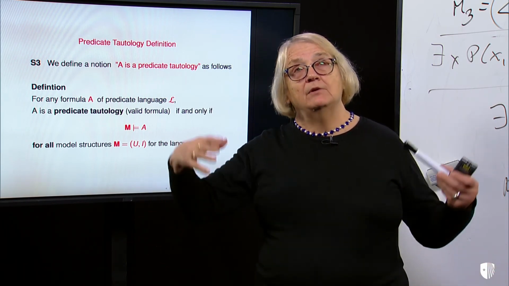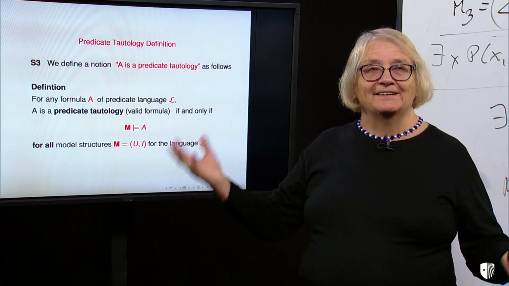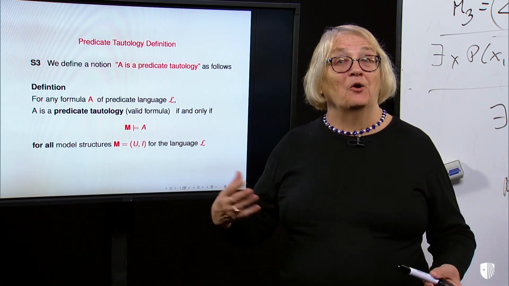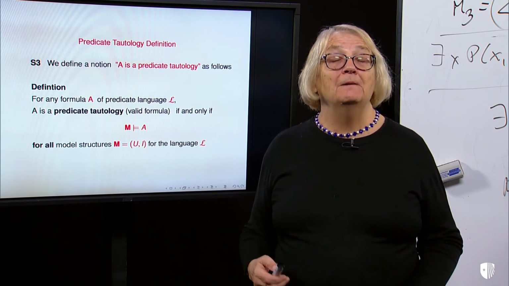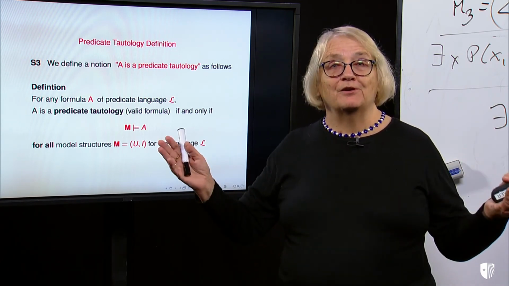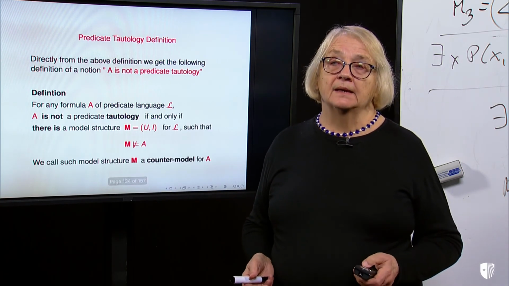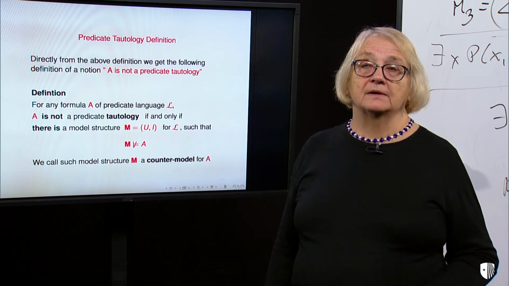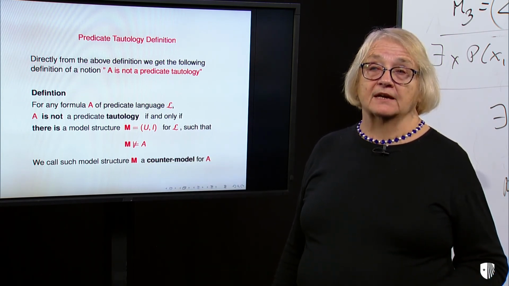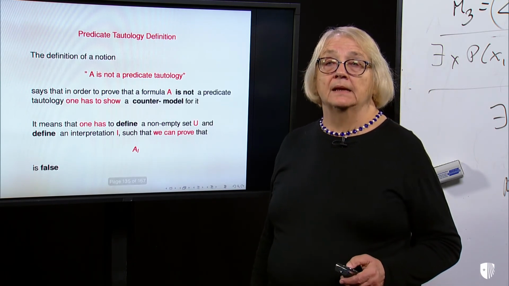So wherever you are, in mathematics, in physics, in life, you can always use those formulas as a way of reasoning, because you know that whatever you interpret, it is always true. And it's not a predicate tautology if there is a structure which does not satisfy it; that is called a contramodel.